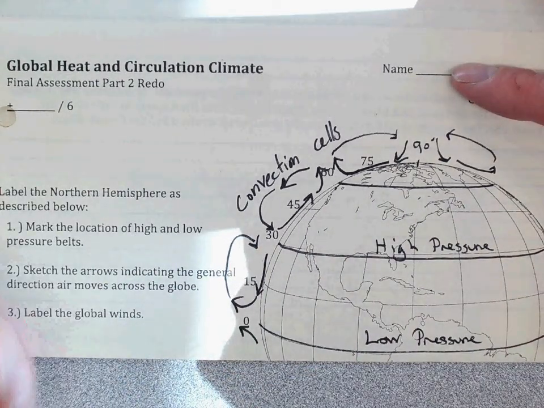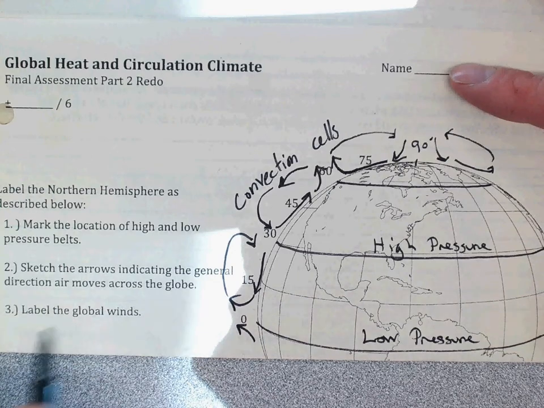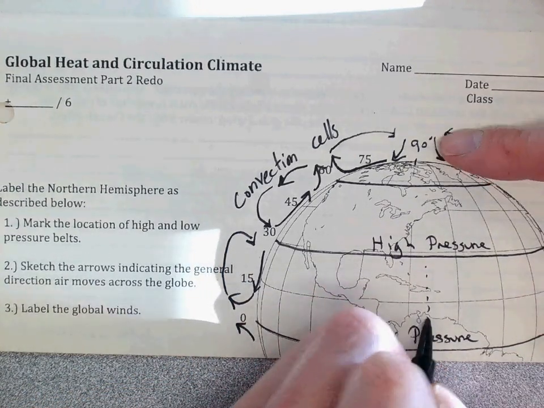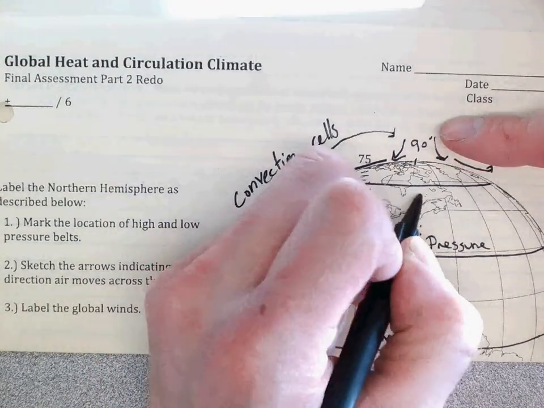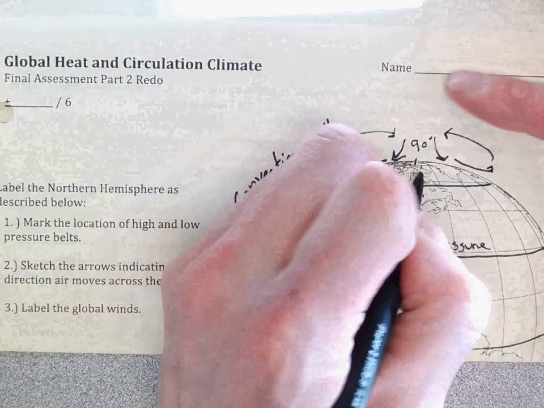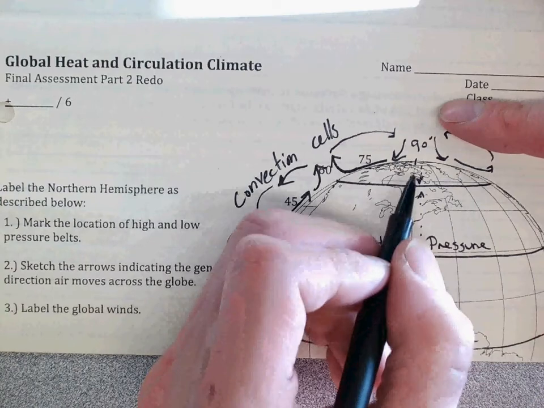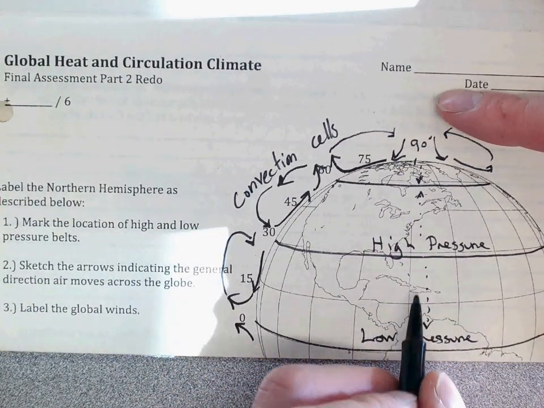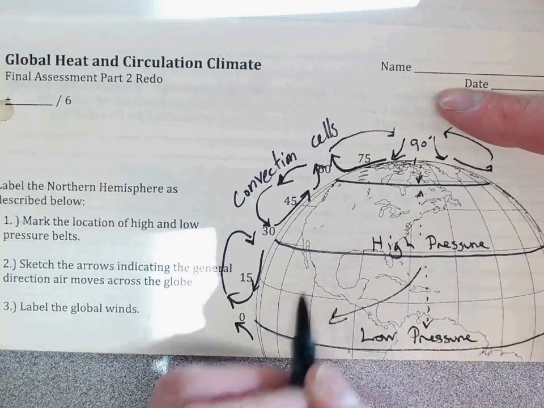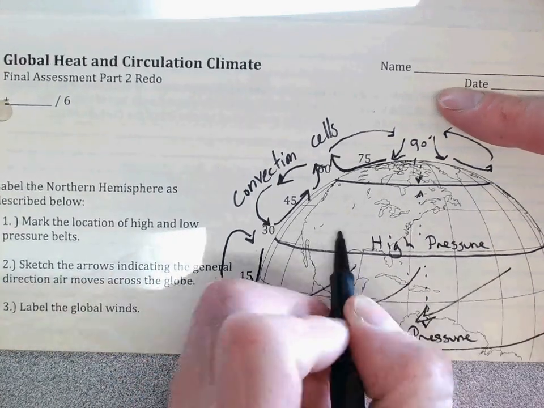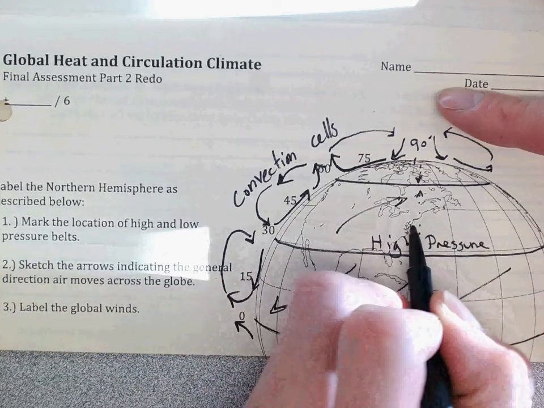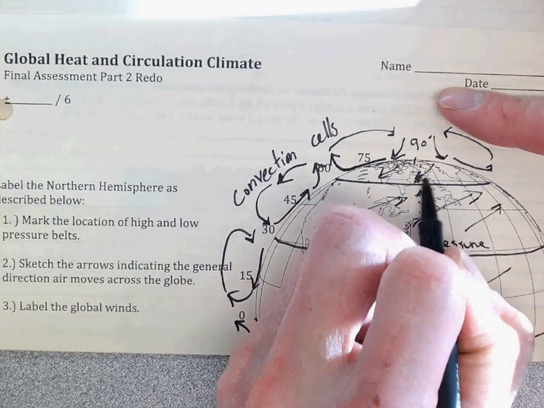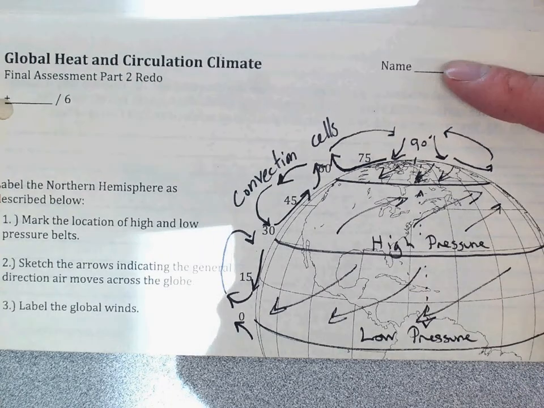Now, remember, air moves from places of high pressure to low pressure. But here's the deal. Because of the Coriolis effect, as the Earth spins, as that air moves, it kind of gets set off course. And what ends up happening is, we talked about it spinning in these directions. Okay?